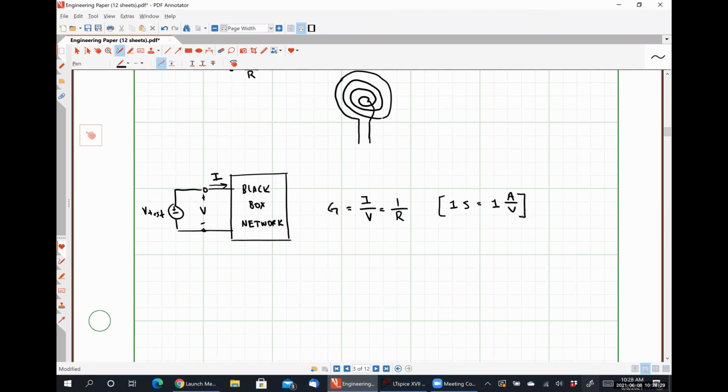Now, I want to talk very briefly about conductance before we develop a couple of more expressions for it, okay? Conductance, I guess I should define it as well, just real quickly.